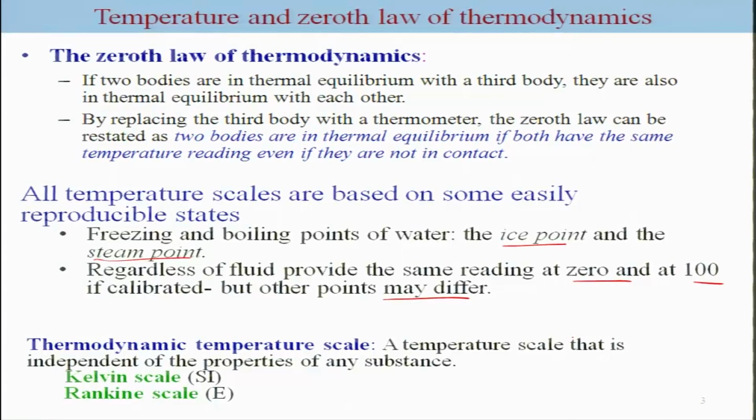And thus you can change the gas and still achieve the same points, and you can still calibrate it well. Or you can use the absolute temperature scale, which is based on the second law of thermodynamics, and both are equivalent, it can be shown. Examples of the absolute thermodynamic temperature scale are the Kelvin and Rankine scales.